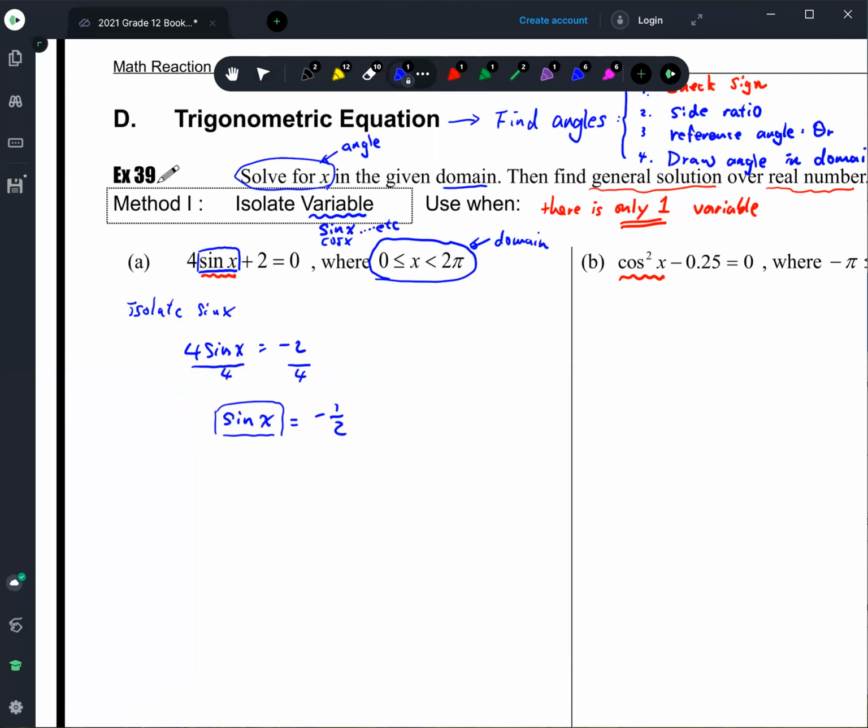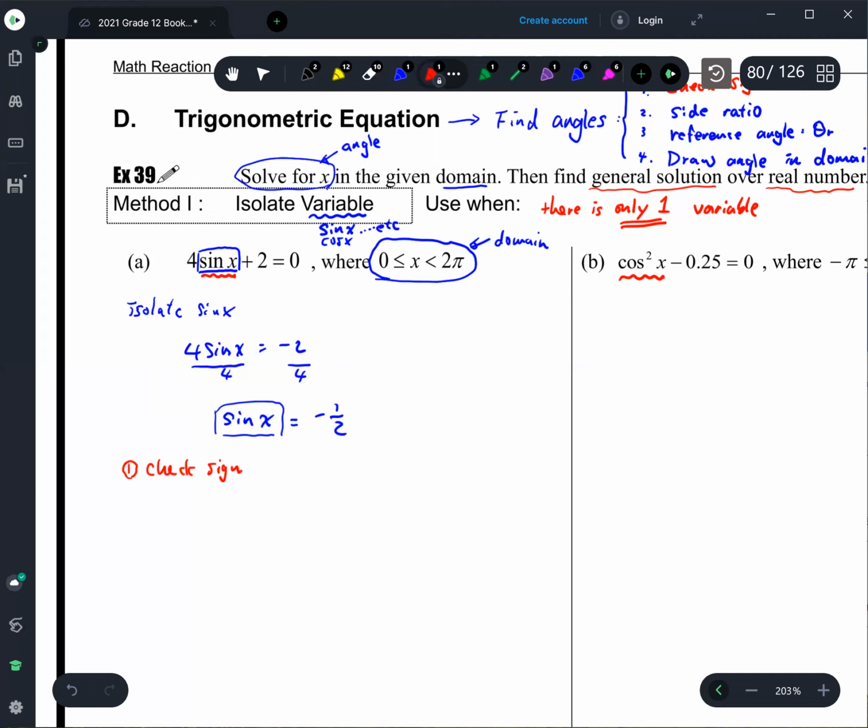So this is the place where we use the 4 steps. Step 1, we check the sign. Is this one positive or negative? Jenny? Negative. Yeah, you have a -1/2, so sine x is negative.